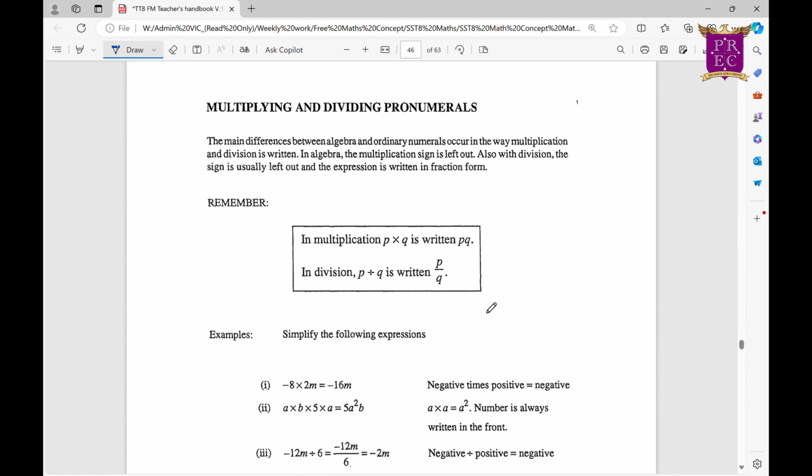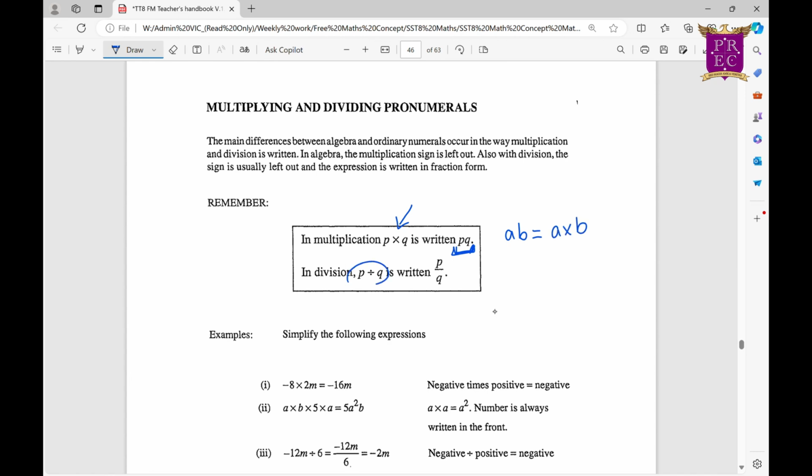Okay, so now to do with multiplying and dividing pronumerals. So as you can see, as I mentioned way earlier, if two pronumerals are grouped together, you're essentially simplifying what is p times x. And that goes the same as, for example, ab refers to a times b.